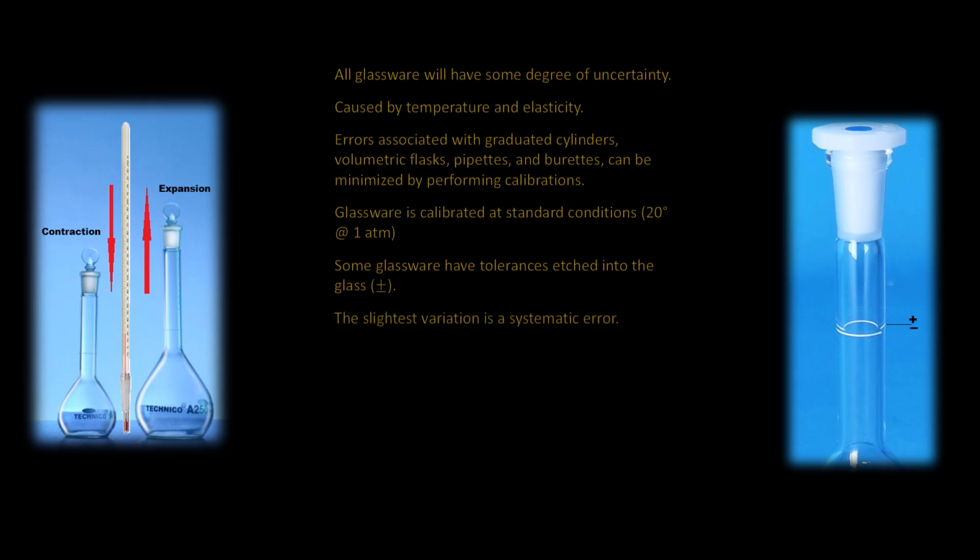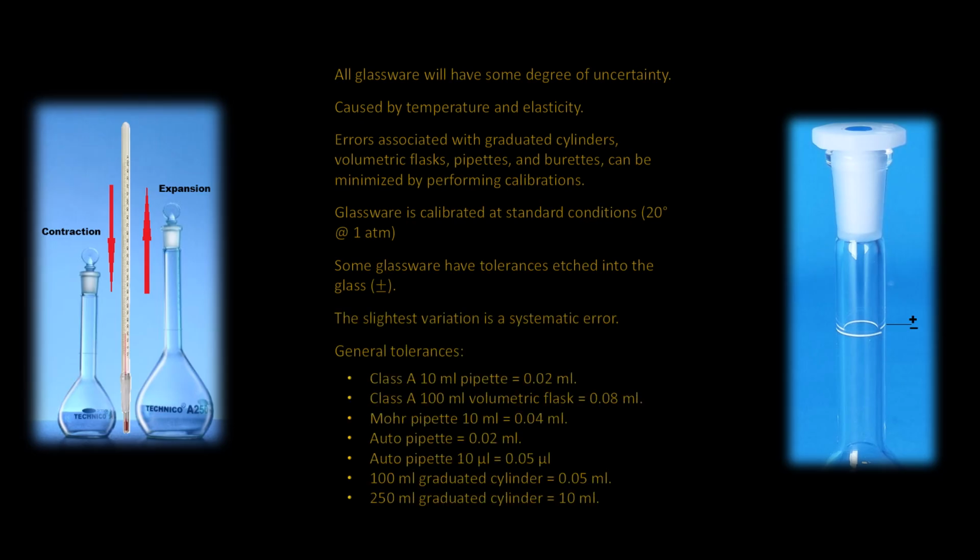Some of the general tolerances etched into the glassware are shown, where a Class A 10 ml pipette would have a tolerance of plus or minus 0.02 milliliters, or a 99.8% accuracy. For a 250 ml graduated cylinder, the tolerance may be plus or minus 10 mils.